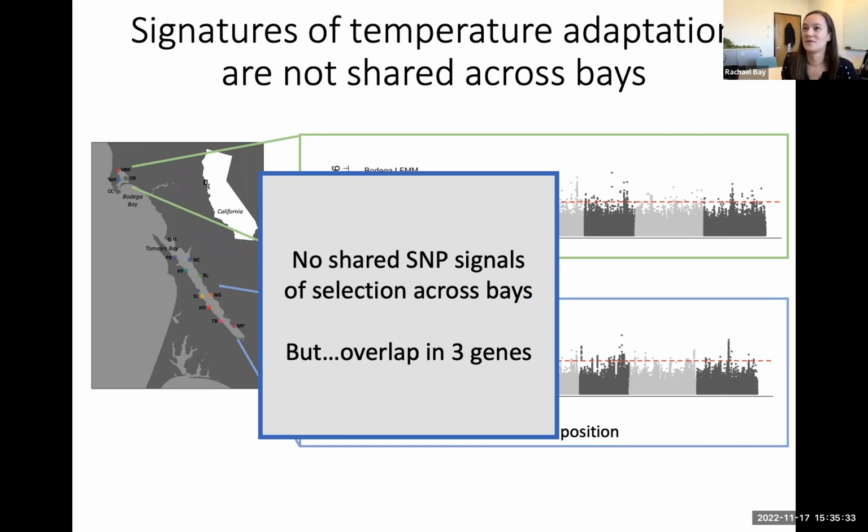But this is not a good signal to suggest predictability of any kind, right? If we have no overlapping signals of selection, I wouldn't necessarily expect us to be able to predict across space. But we wanted to explicitly test that hypothesis anyway, so we just went for it. And we used a polygenic framework using a random forest model.